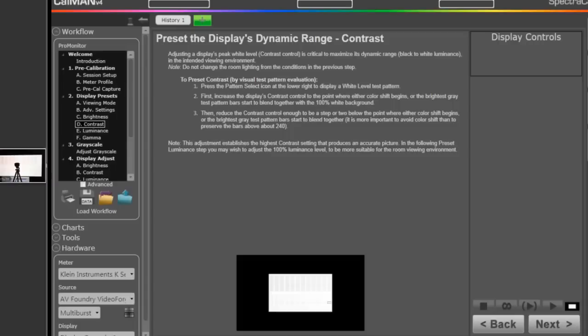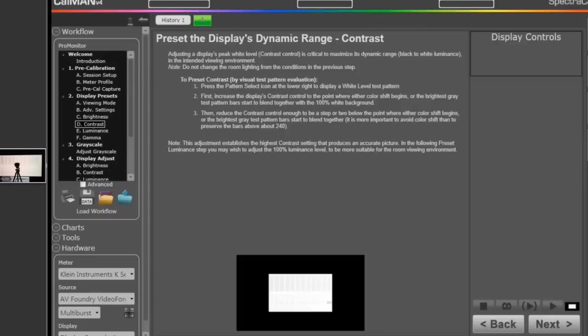I want to take the contrast control low enough, and I'm going to take it excessively low right now, and then bring it back up. As I bring it up, I'm looking for two things to potentially happen. I'm looking for some of those bars to start to blend into the white background, which I'd rather not have happen, or I'm looking for some overall color tone shift in the pattern, which I also don't want to have happen, which would indicate that one individual color is being slightly compressed.